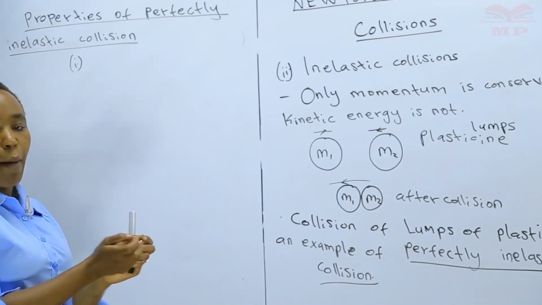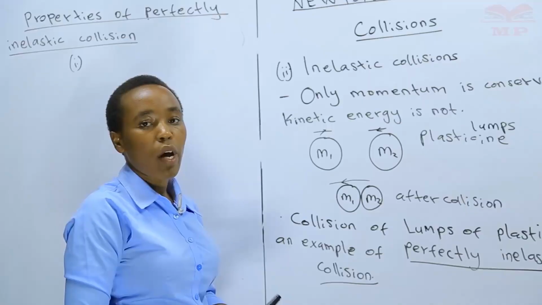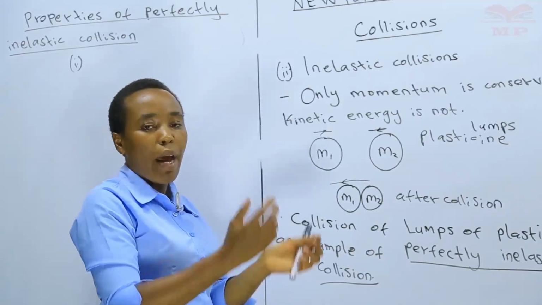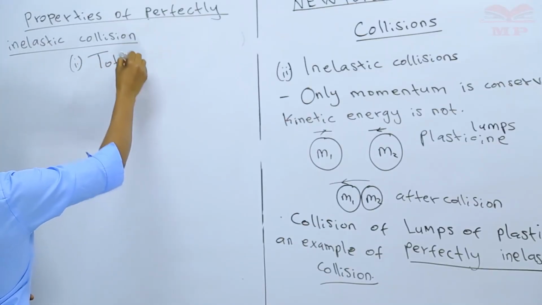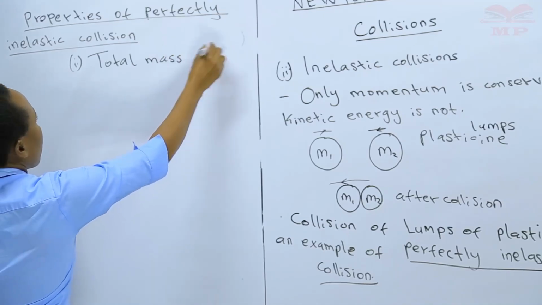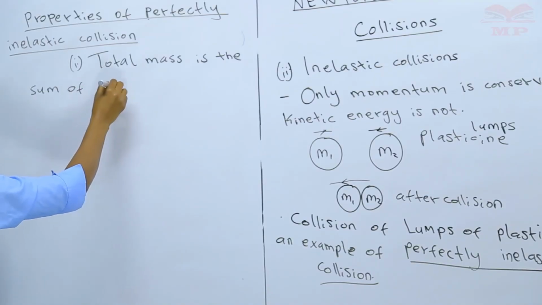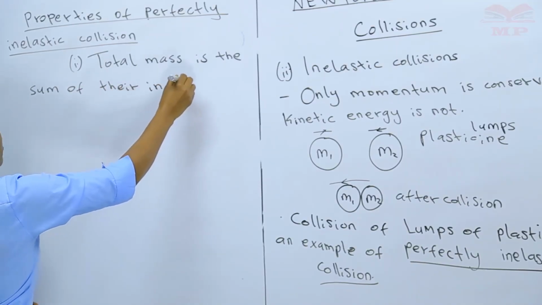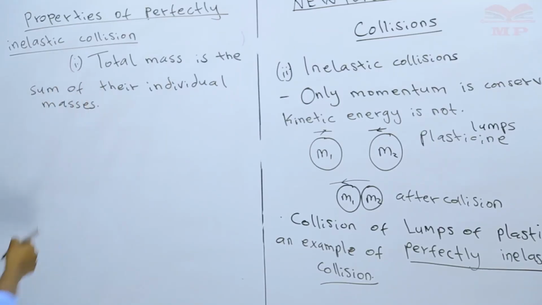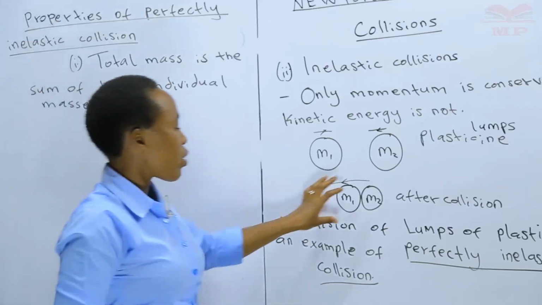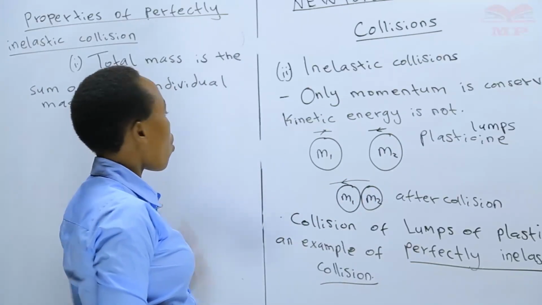Initially there were two, one with mass m1, the other with mass m2, but after collision they will become one body, and therefore the total mass is the sum of the individual masses.